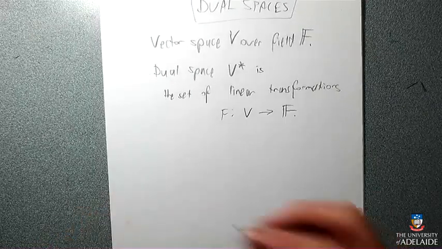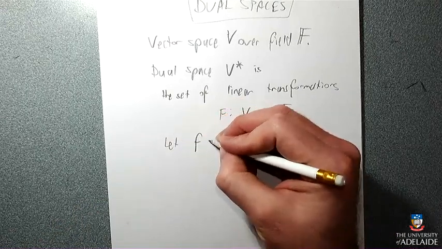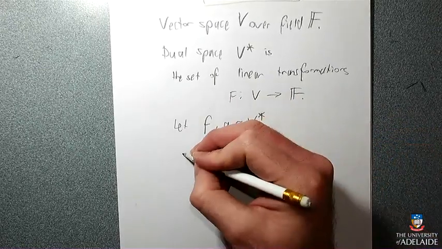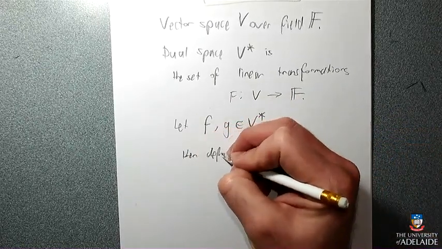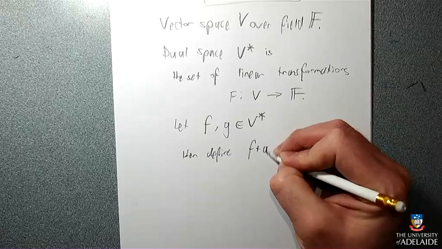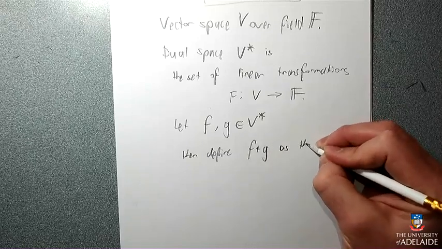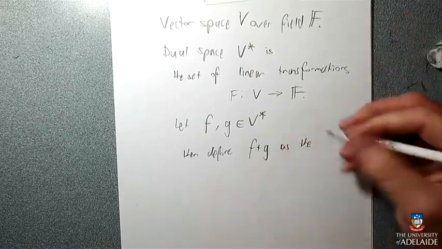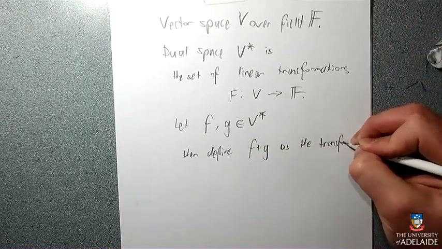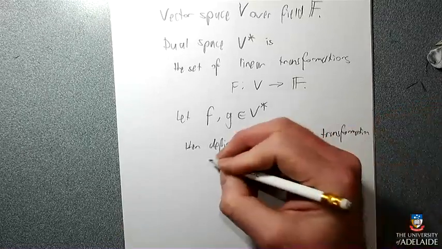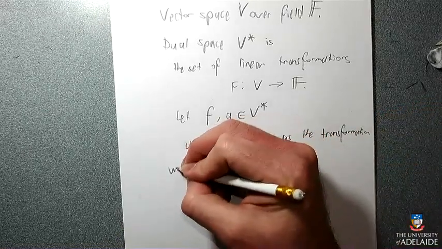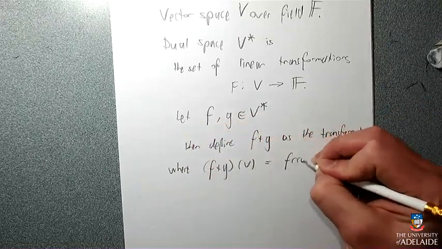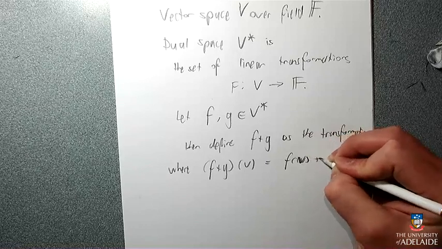So define F plus G. Transformation, I guess, is the official term. Where F plus G of V is F of V plus G of V. Does that sound reasonable?